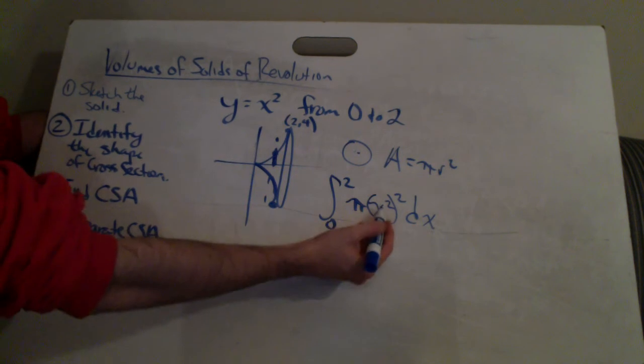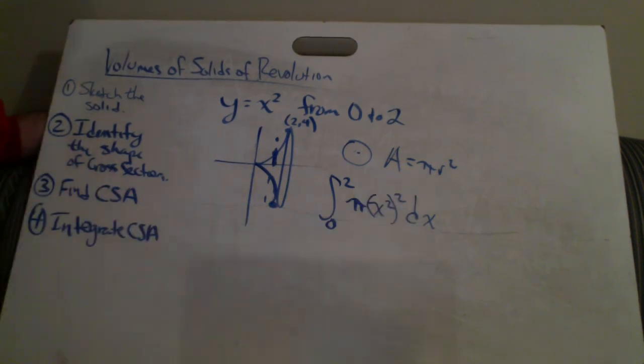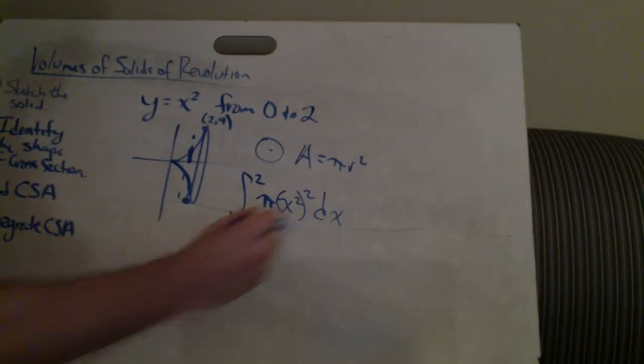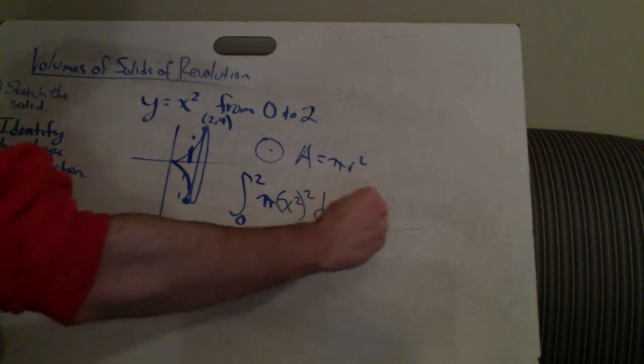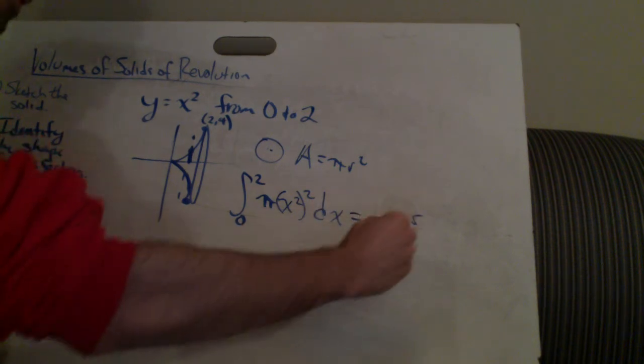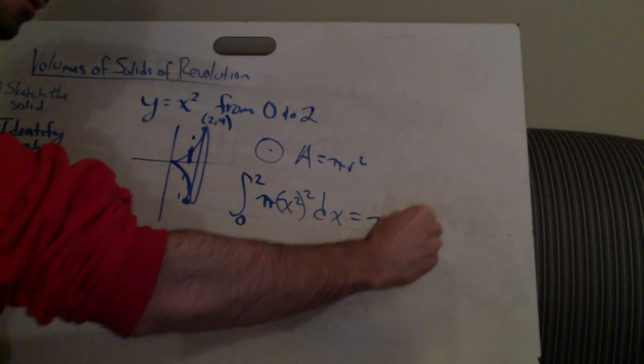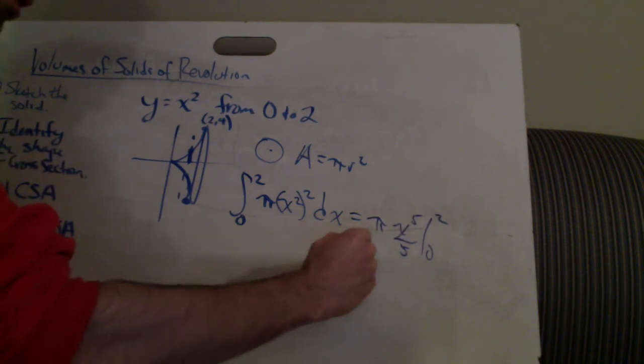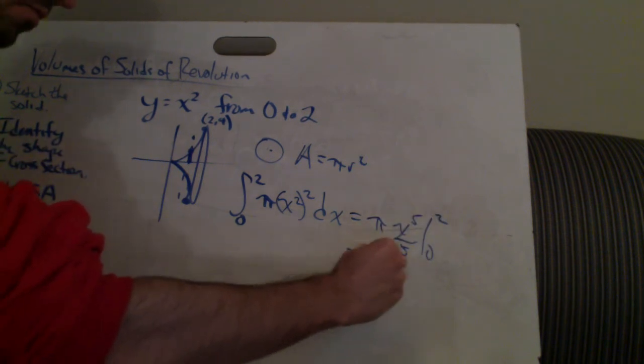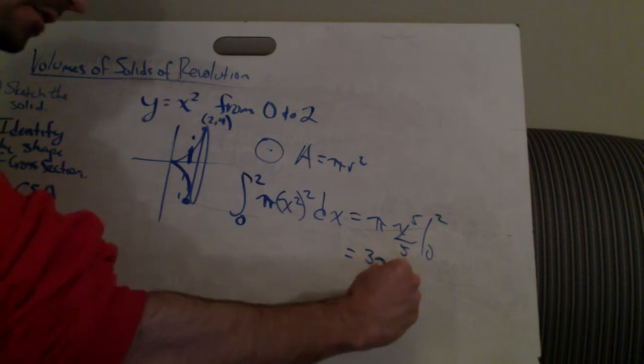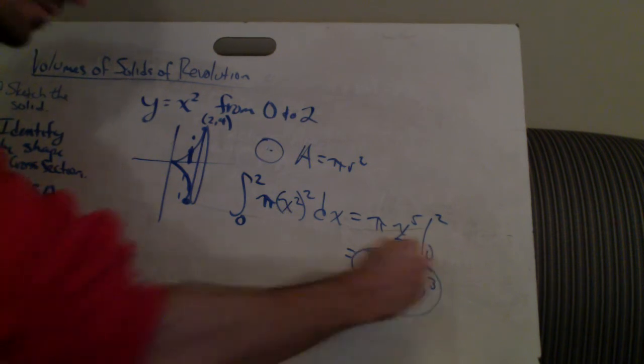And remember that it's x squared squared because it's the radius squared. Great. And then from there, the integral is not too bad. X squared squared is just x to the 4th, so I can integrate this without too much difficulty. This should be pi x to the 5th over 5 from 0 to 2, which is just 32 pi over 5. And I'll have my units cubed because it's a volume.